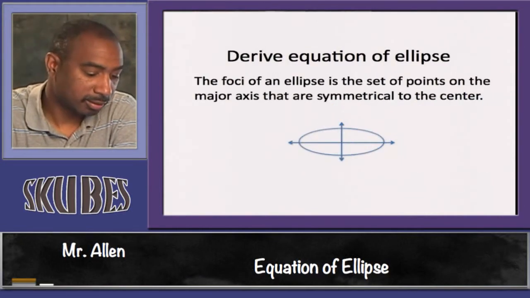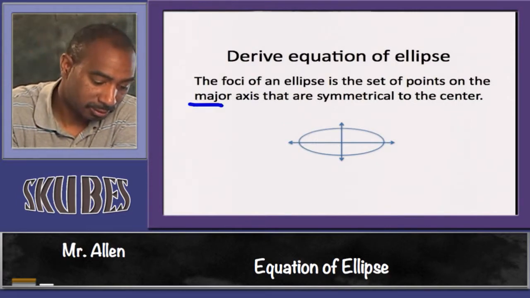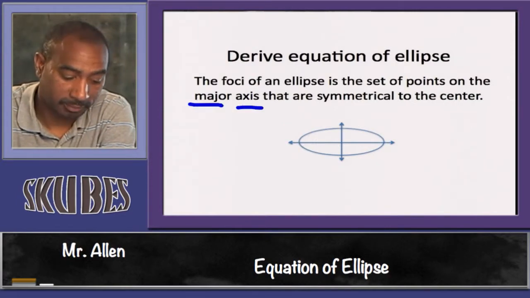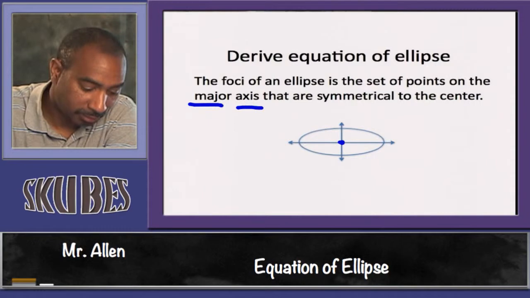Alright, the foci of an ellipse is a set of points on the major axis that are symmetrical to the center. In this case, the center is still the origin. And the foci points, let's say, is right here. I'm going to call this F1 and F2.